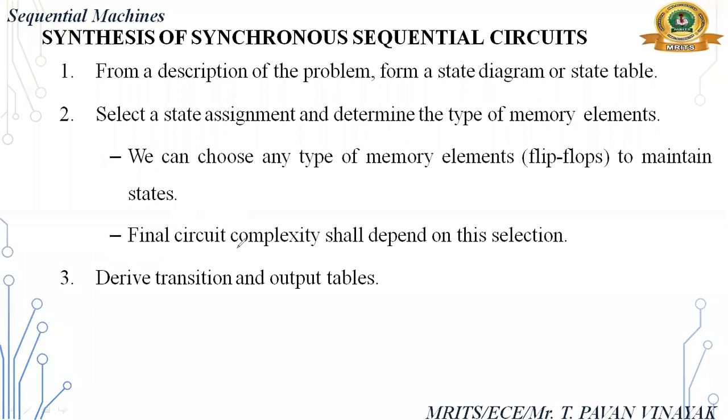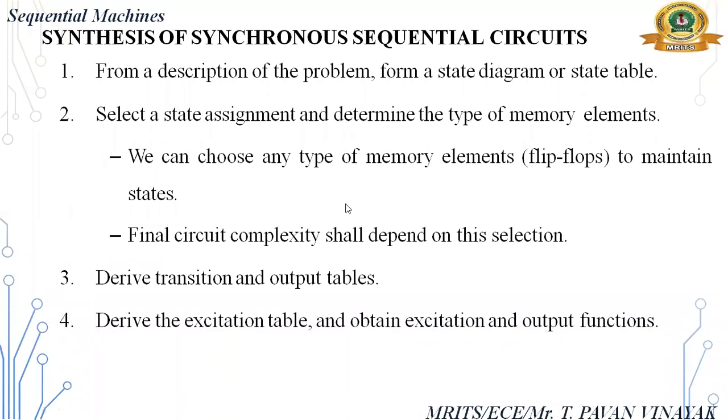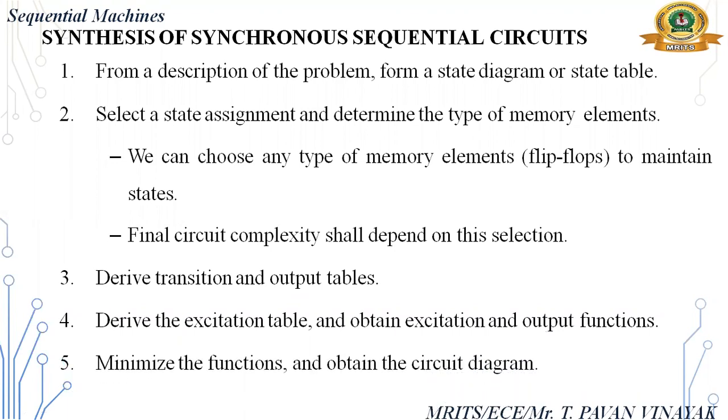While doing the problem, you can understand this clearly. Don't worry. Next, fourth one, derive the excitation table and minimize the expression. Draw the final circuit.